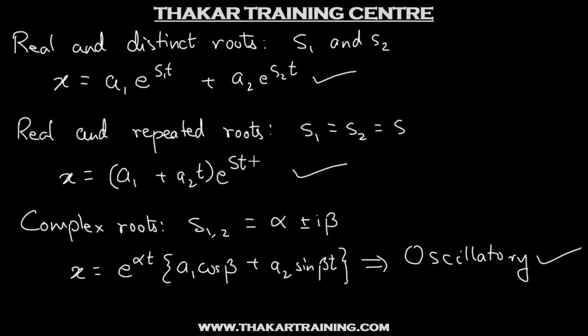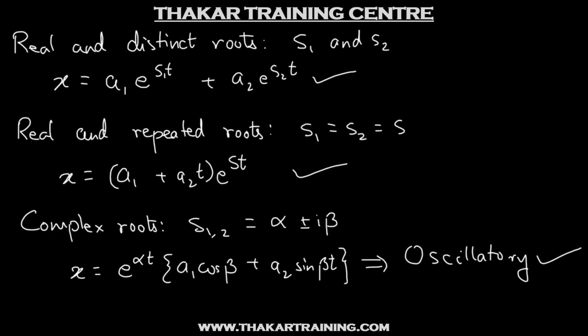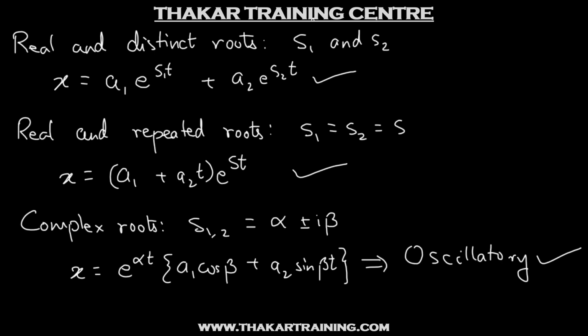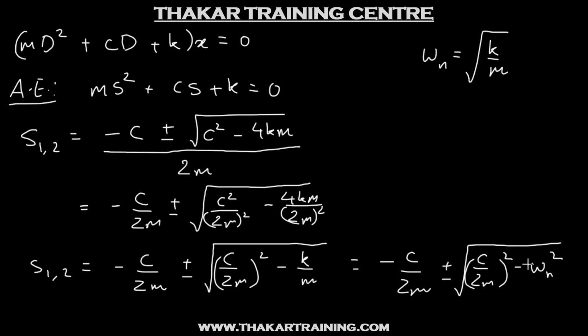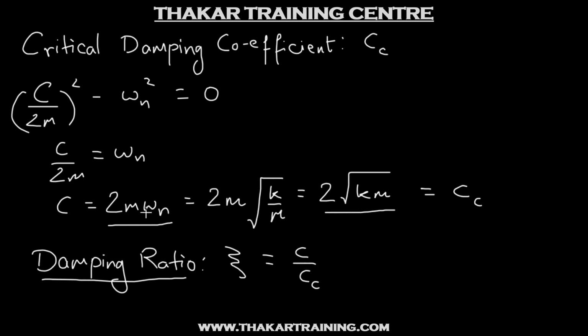Now physically, if you want to identify whether the given system of vibration will be oscillating or not, we introduced a critical damping coefficient Cc. Mathematically, the difference between real and complex roots is whether the value inside the square root is positive or negative, right? So we took the critical case of 0. We equated c by 2m the whole square minus omega n square to 0, and from there we got the value of the critical damping coefficient.